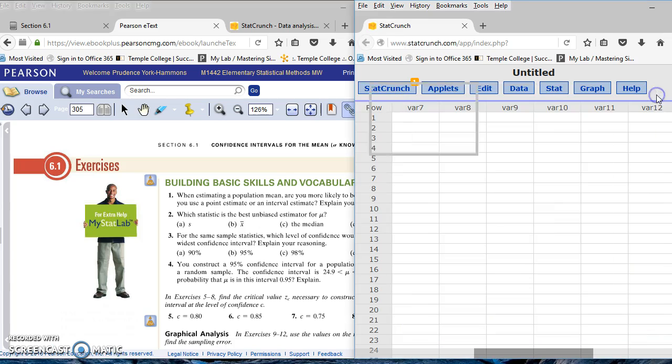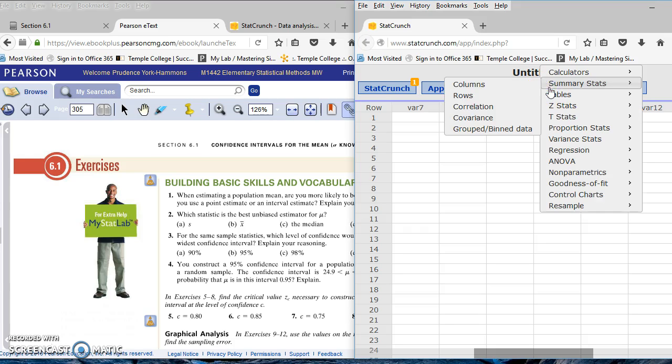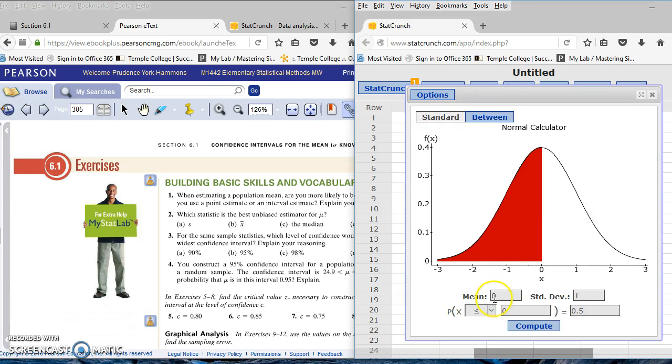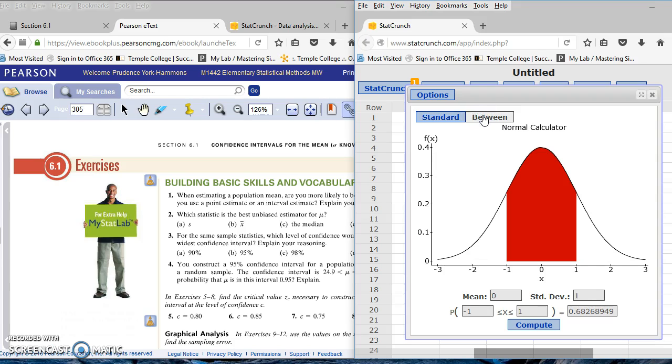So I'm going to close my calculator out, and I'm going to start over so you see where we go, just like in 5.1, 2, and 3. Stat, Calculators, and then Normal. It is a standard normal curve, we're looking for Z values, where the mean is 0 and the standard deviation is 1. However, I don't want to the left or the right. I want the between value.